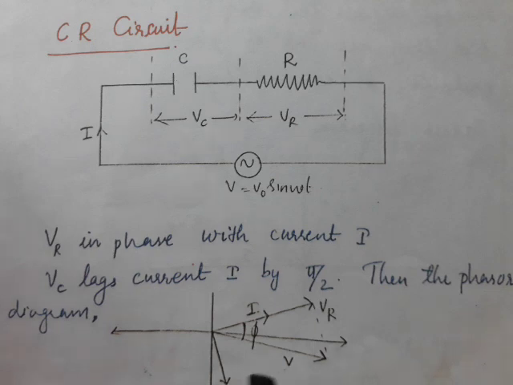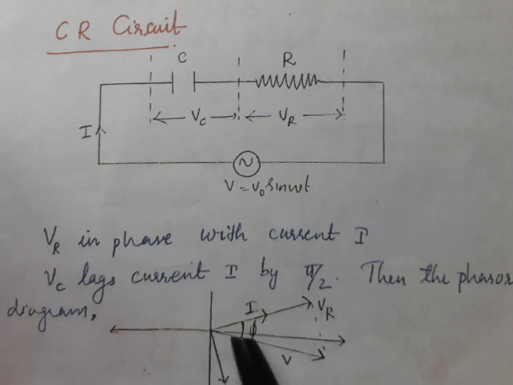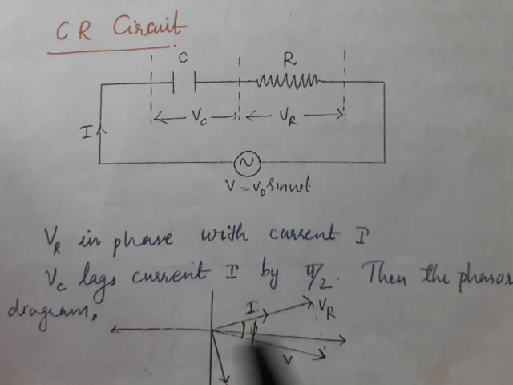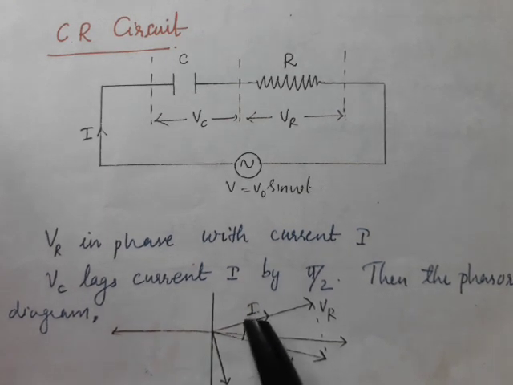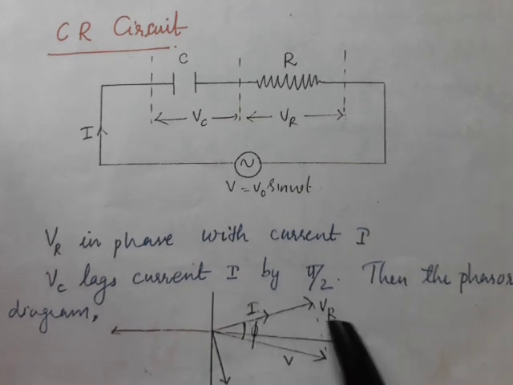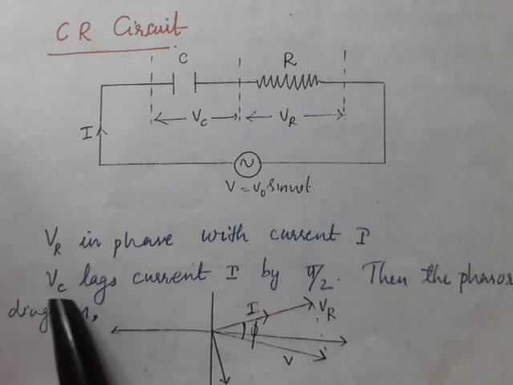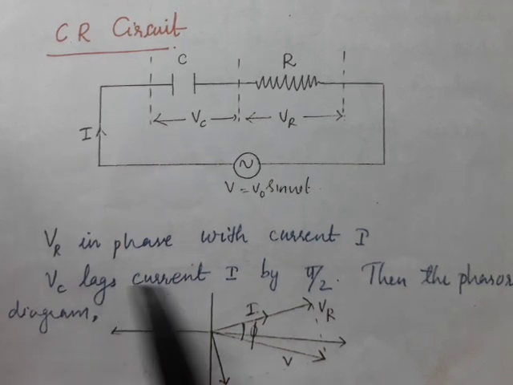So we can draw the phasor diagram. First we will mark the voltage across the resistor, VR. Current is in the same direction, the same phase, in the case of a resistor, so a single line for VR and I. Now the voltage across the capacitor lags by pi by 2.